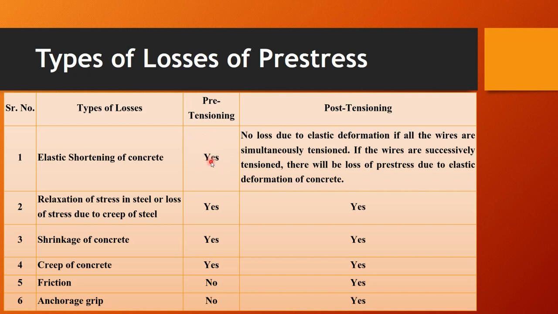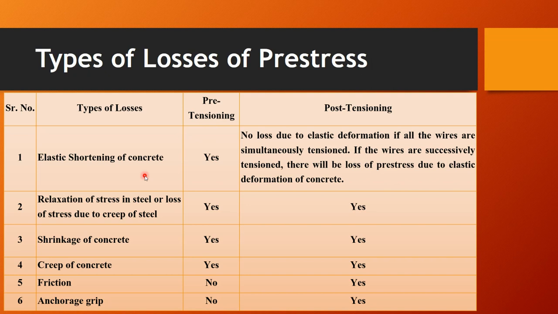What is the main reason for this? In a pre-tension system, we first apply a tensile force to the tendon, and then we perform the concreting after application of pre-tension in the tensile steel. So whenever we release the tendons, there is a possibility of shortening of concrete.